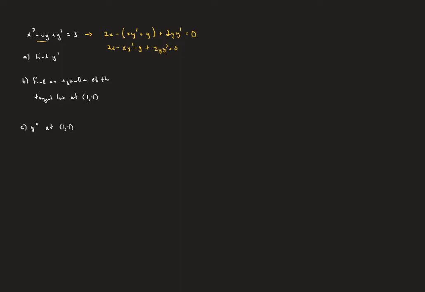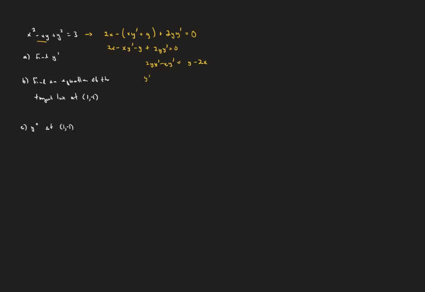We're going to keep the y prime terms on one side and move the non-y prime terms to the other side. So I'm going to leave on the left side the 2y y prime and the minus xy prime. On the other side, I'm going to move over the 2x and also add that y. So I'll call that, just to make it more aesthetically pleasing, y minus 2x, but that's just window dressing.